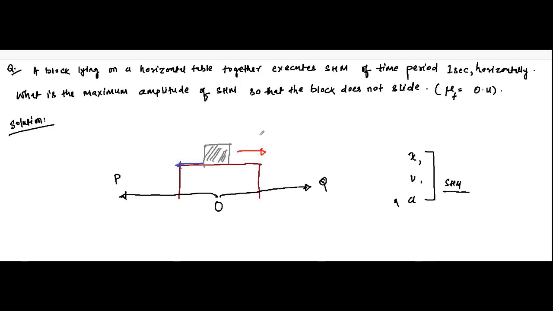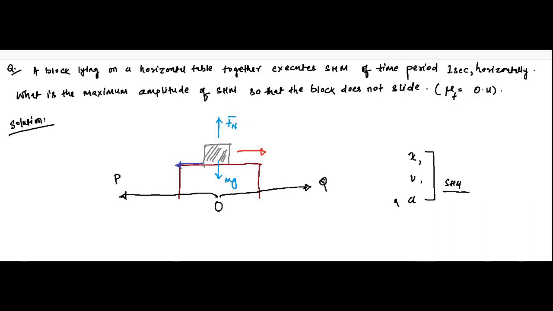And there will be the downward force of gravity, the weight mg, and the normal reaction force. Here the coefficient of friction is given, 0.4.